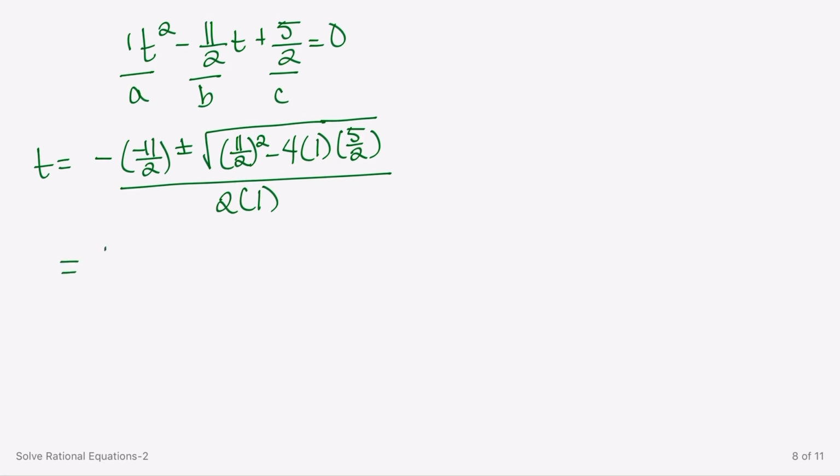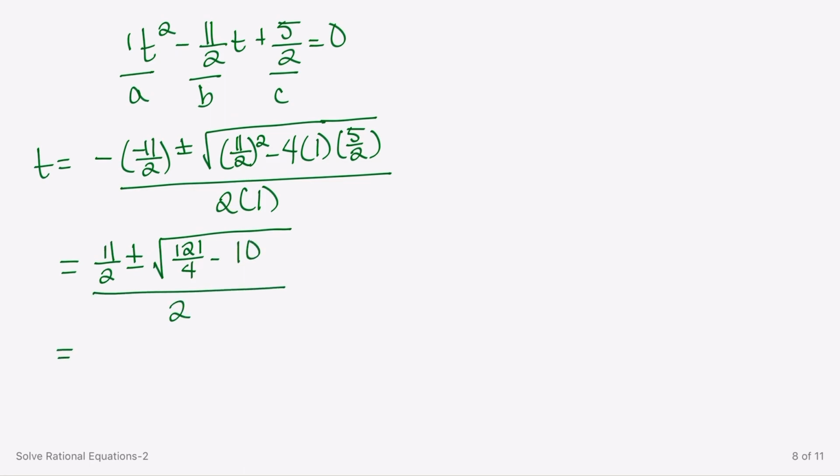So that's going to give me 11 over 2 plus or minus the square root of, let's see, 11 over 2 squared, that's going to be 121 over 4 minus, okay, 4 times 1 times 5 over 2 is all going to turn into 10. So minus 10, and that's all over 2.